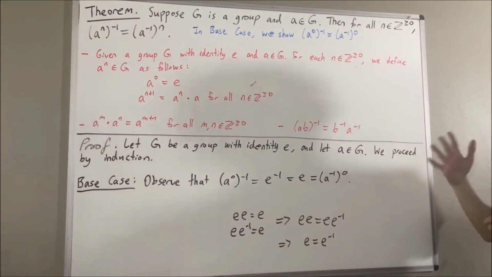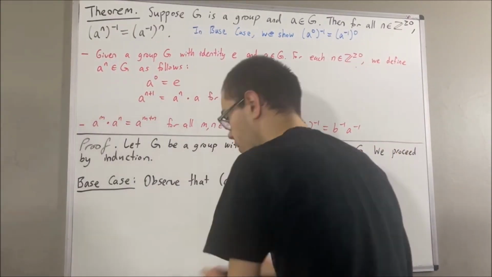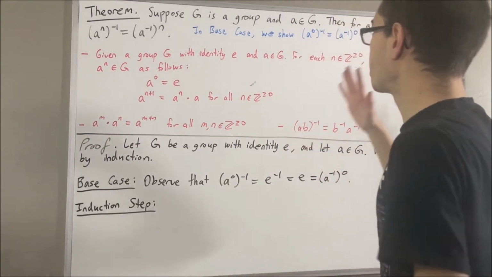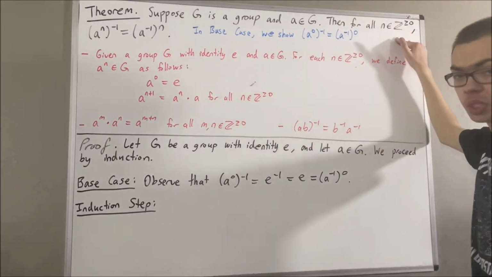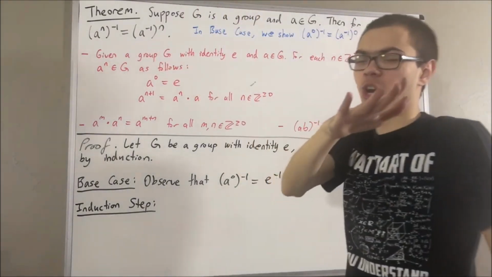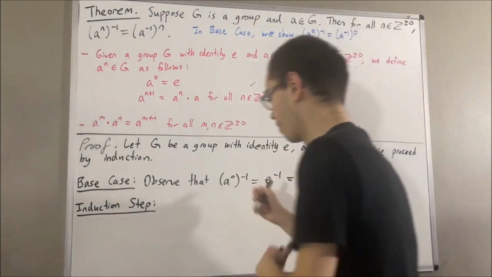Now, let's move on to the induction step. In the induction step, we give ourselves an arbitrary integer n greater than or equal to 0, and we assume that this equality is true for that arbitrary integer n.